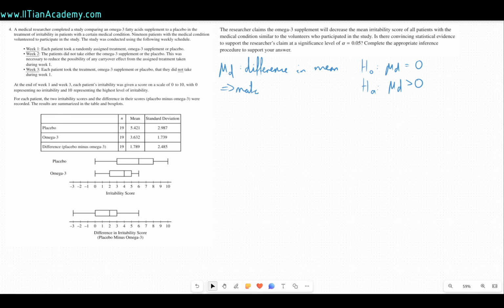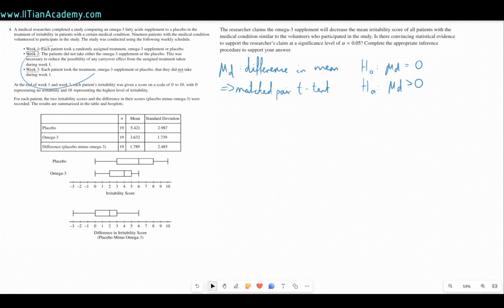to compare the means. So a matched pair t-test is what we will have to use. And what we can say is that the data gathered was random: the 19 patients were volunteers, and it was a randomized experiment.